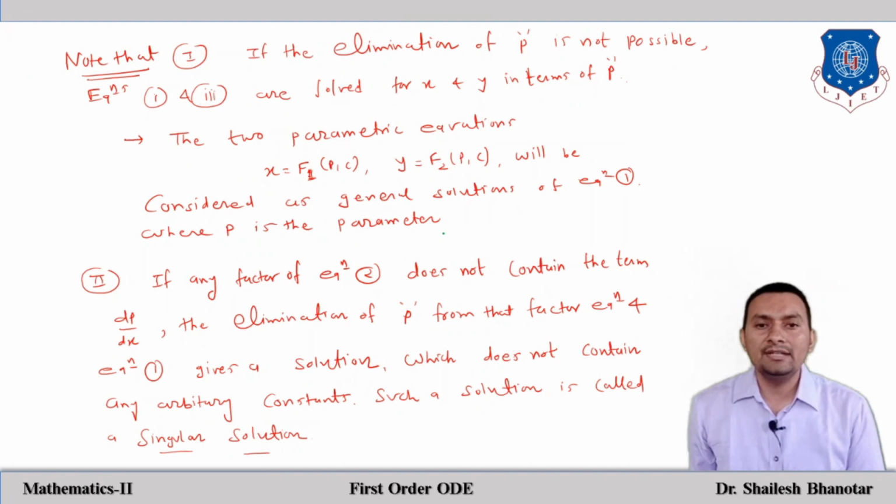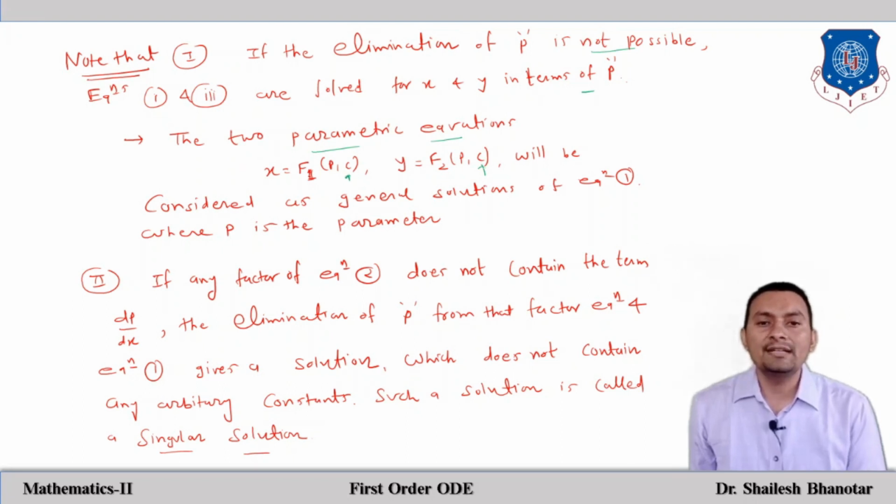So let us move on to the next. This is an important note. If the elimination of p is not possible, that means we are not able to eliminate p from equations 1 and 3, then in that case solve for x and y in terms of p. That means we will have two parametric equations: x is equal to f1 of p, c and y is equal to f2 of p, c, where c is nothing but an arbitrary constant.